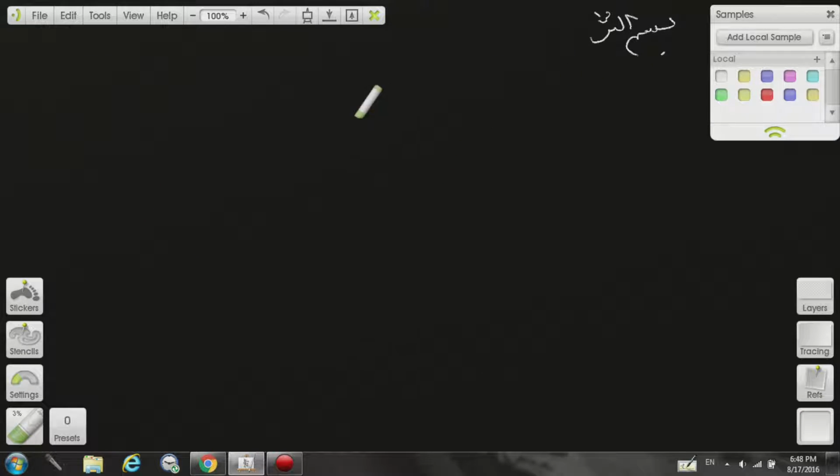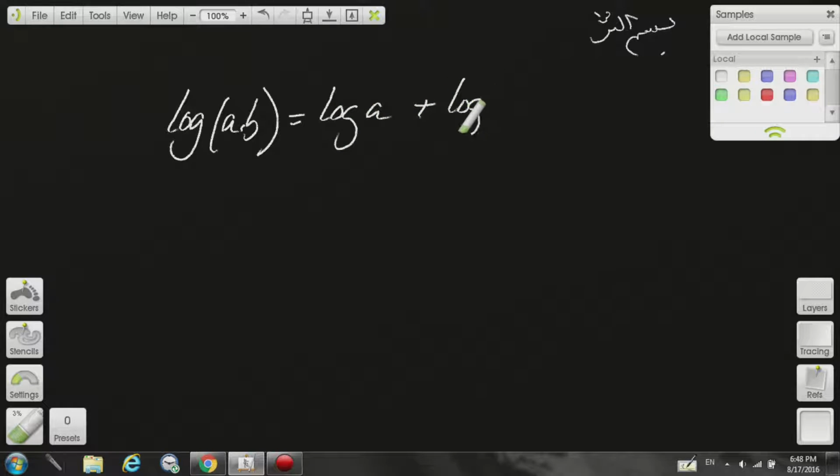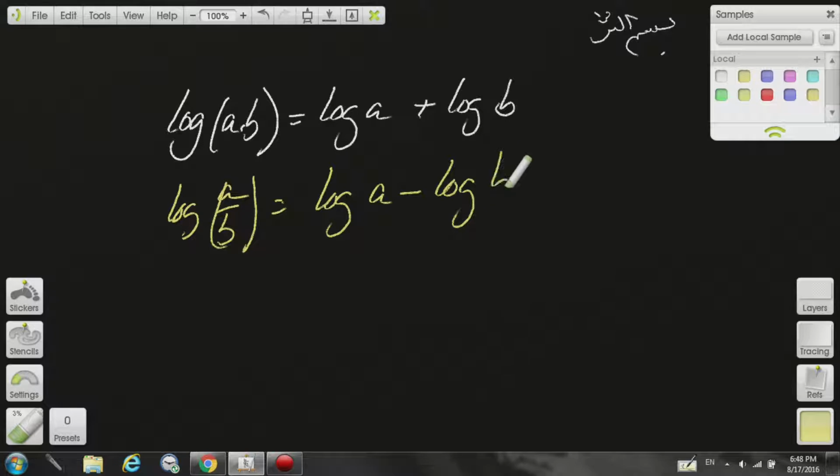And then we talked about some basic log rules, and we suggested that log of a times b is log of a plus log of b. And then we said log of a over b equals log of a minus log of b.